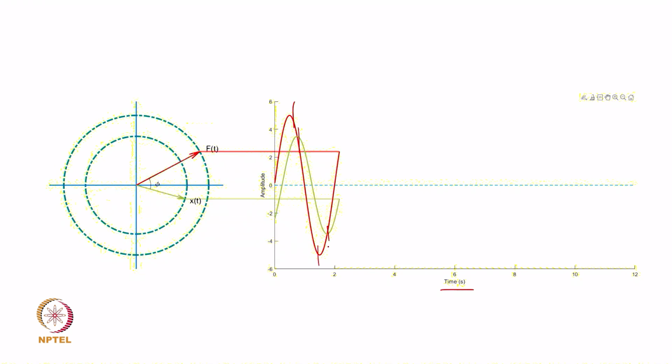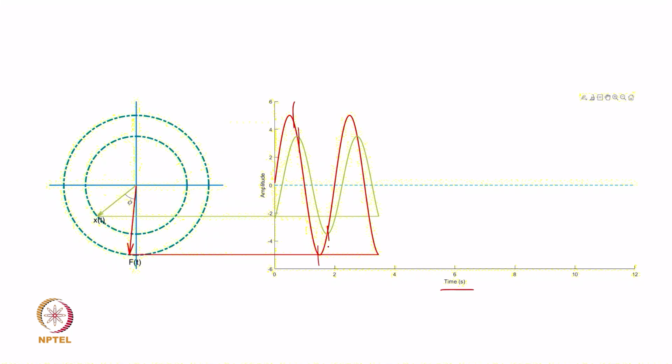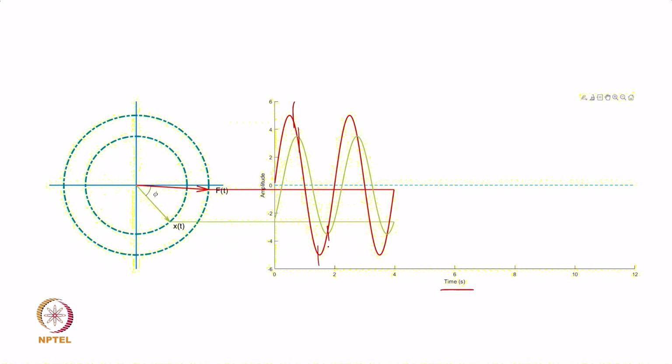In this case also they reach their peak values at different instants of time. Displacement is always following the force. Okay. That is how it tries to catch up with the force. The force leads the response vector by an angle phi, and that phi is something for which we have derived the expression, which was given by this. Okay.